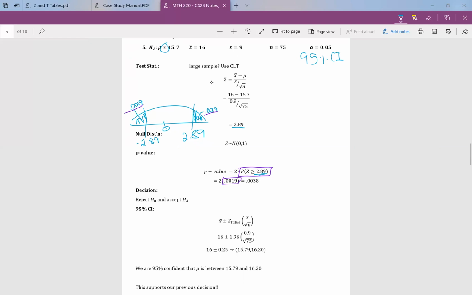So we said, hey, mu is different from 15.7. If I don't write anything after it, you can assume they're all zeros. Our confidence interval starts at 15.79 and goes to 16.2. So yes, mu is different from 15.7 because it starts at 15.79 and goes all the way to 16.2.